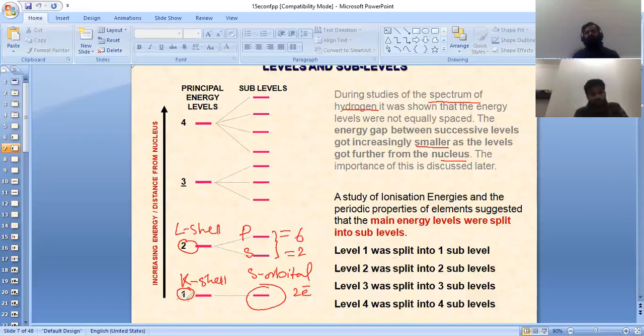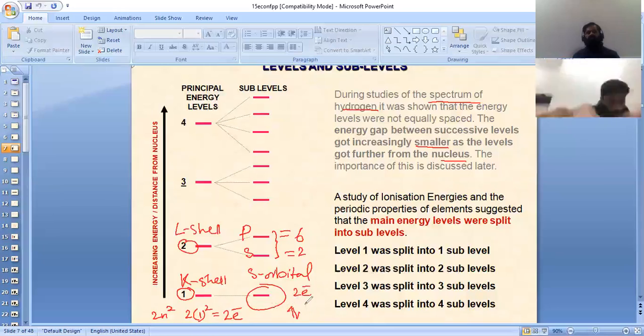So that's why the previous claim was true, that K can occupy maximum 2 electrons according to the 2n square formula. If the shell number is first, it can occupy 2 electrons, but in which orbital were these electrons present? In the S orbital. They are shown by opposite spinning arrowheads, because both are negatively charged, so they are not shown by similar arrowheads. They must be shown by opposite arrowheads.